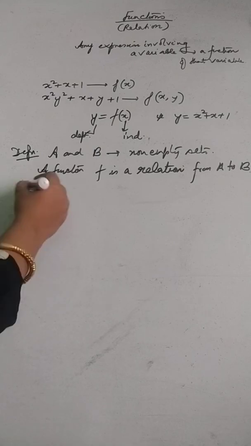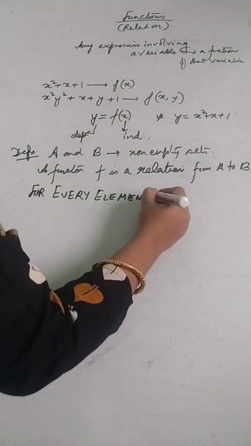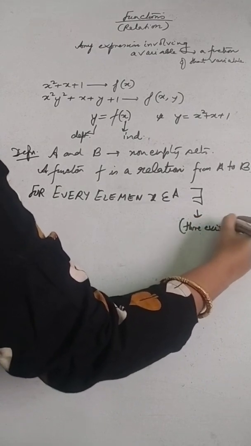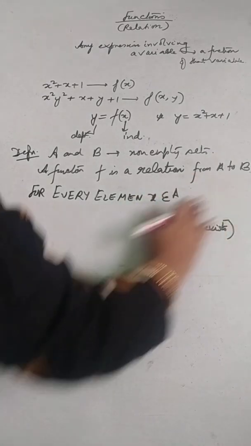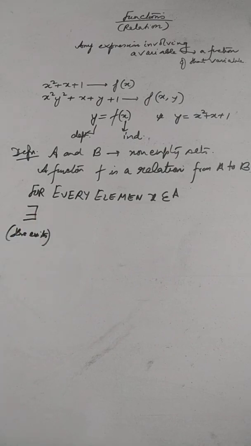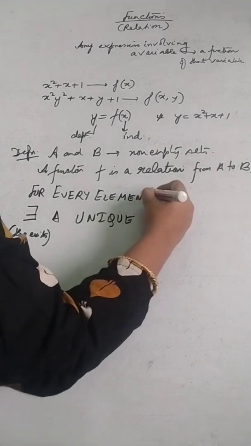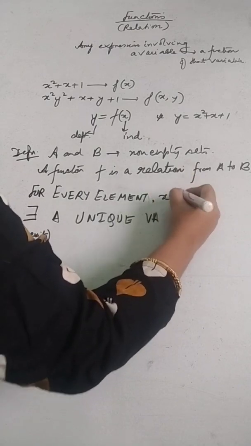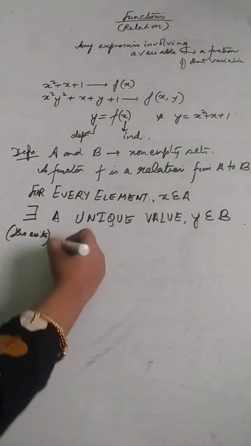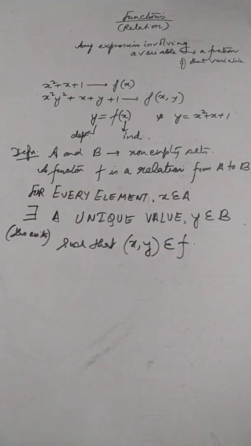What is the criteria? This is important: for every element x of the set A, there exists, this is the symbol for there exists, I hope you know it, a unique element y belonging to B, such that the pair (x, y) is related to each other by the function that is defined.